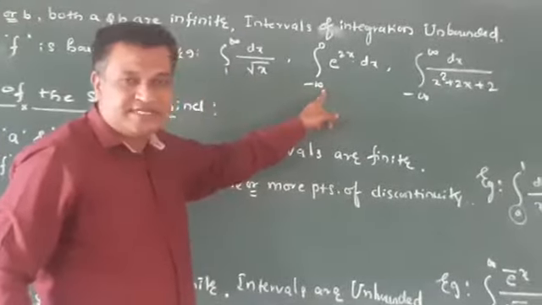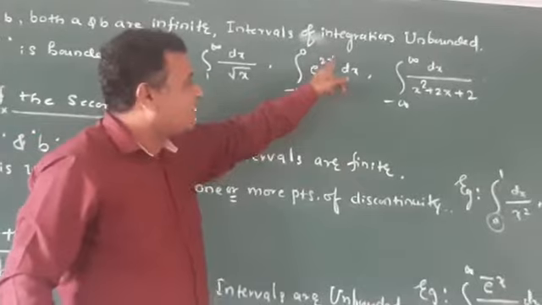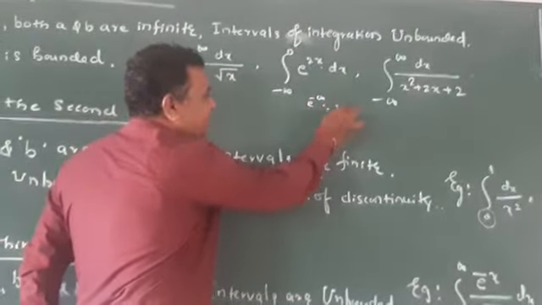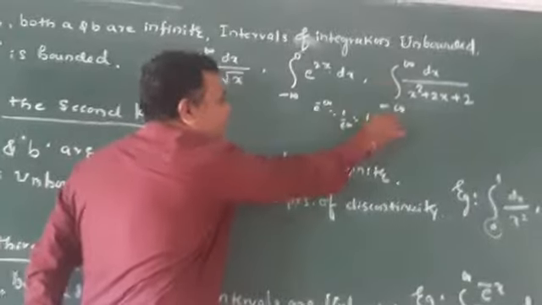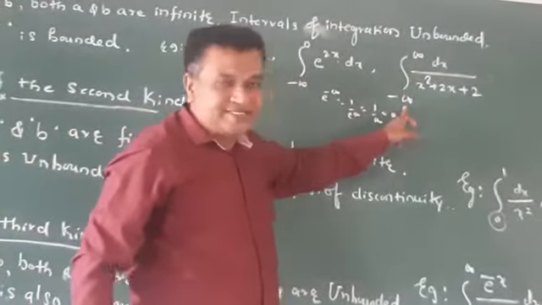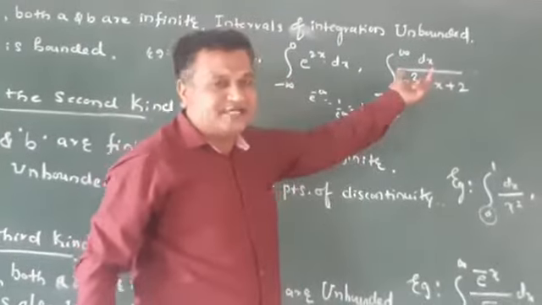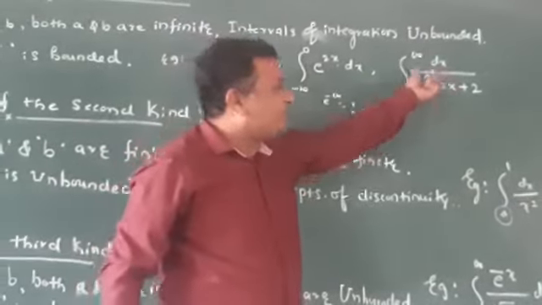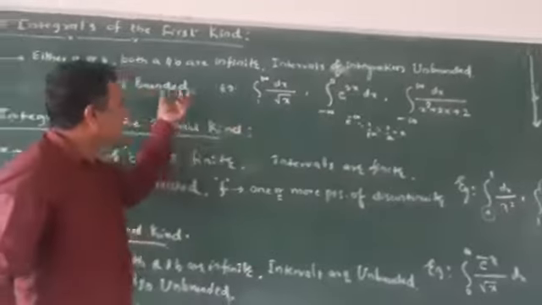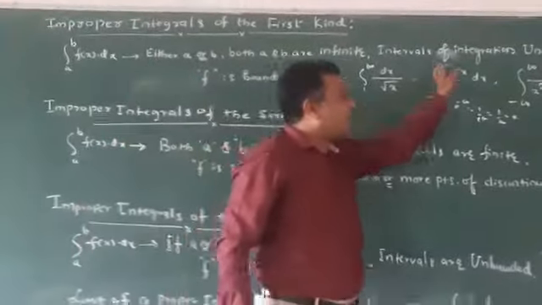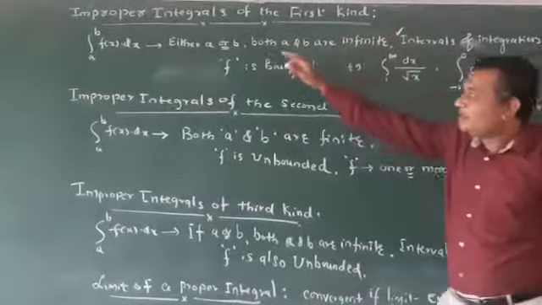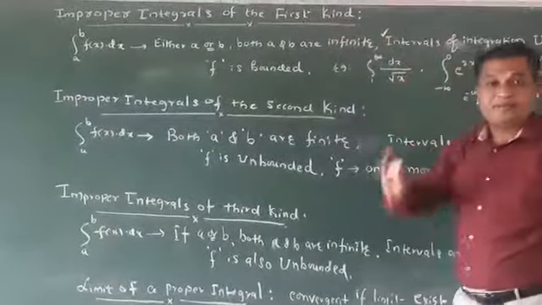Here it is minus infinity, e raised to minus infinity becomes 1 by e raised to infinity, that is 1 by infinity, again it is 0 itself. And here infinity and minus infinity, 1 by infinity, again it is 0. If you put minus infinity, that is also 0. So like this we say that the function is bounded and the interval is unbounded. So this is related to the improper integrals of the first kind.